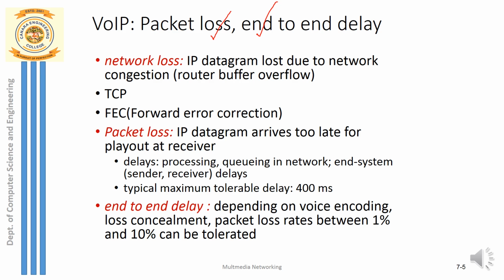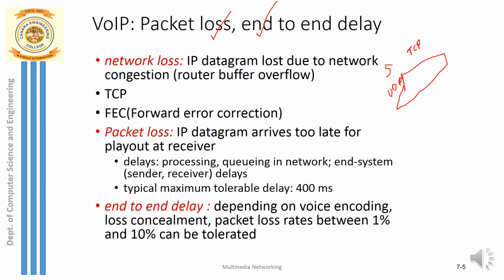So here, as I already said, the sender sends the data in the form of a UDP datagram. So UDP is the underlying protocol here. And as we all know, in UDP we don't have reliable data transmission. Reliable data transmission is available only in TCP as the underlying protocol. So what is the meaning of reliable data transmission?